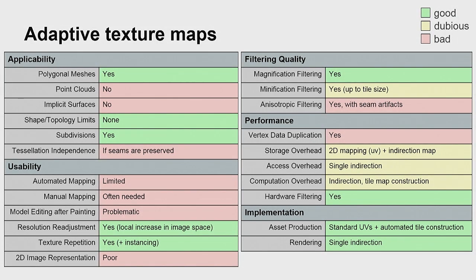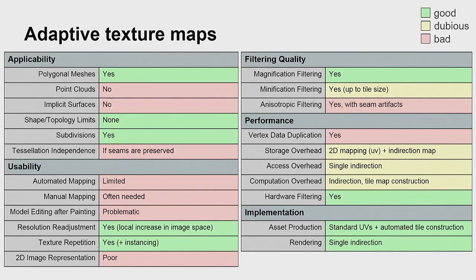In terms of usability, it starts with a regular 2D texture map, so it doesn't provide too much improvement, but it allows us to dynamically adjust the resolution locally. Well, it's not like you can adjust the resolution of any given face independently, but still it gives you some amount of local resolution adjustment.